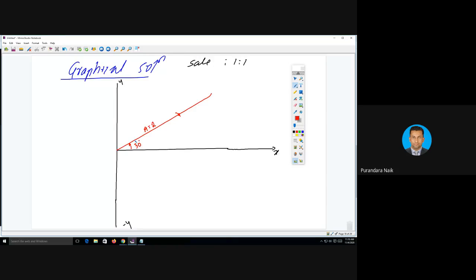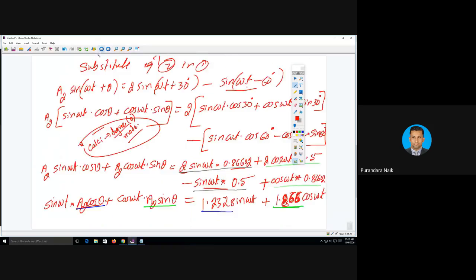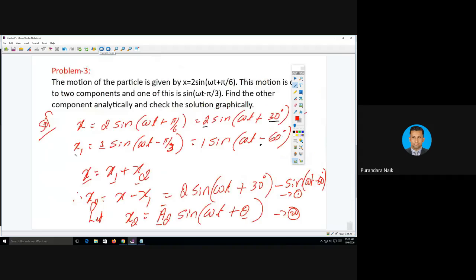Next, A1 is given. X1 is minus 60 degree. You take this sign also, okay? Minus 60, but the amplitude is 1 unit.